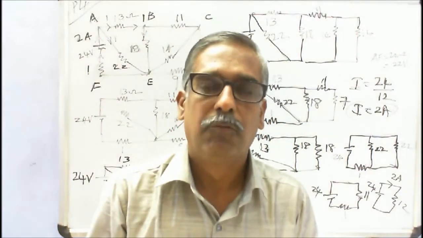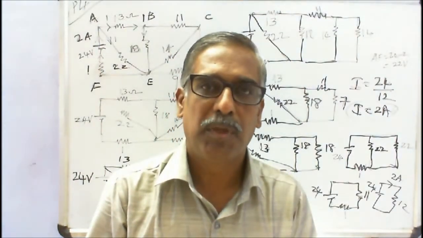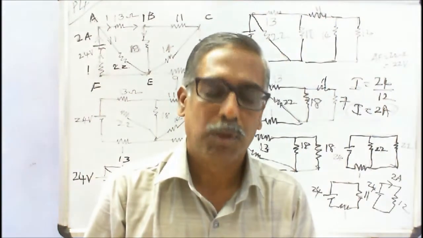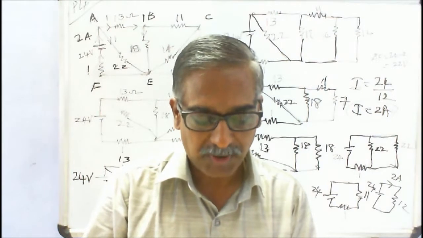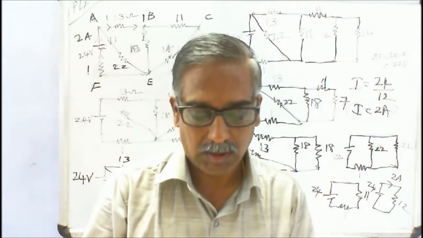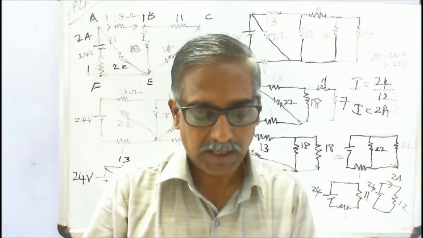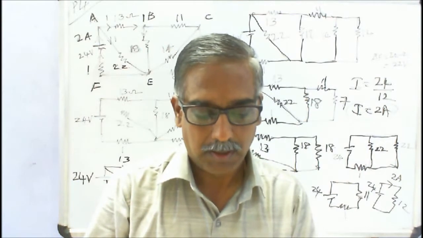Problem 4. It's an exercise problem on page number 32, B L Theraja, volume number 1. Using series and parallel combinations for the electrical network of the figure, calculate A. Current flowing in the branch AF.